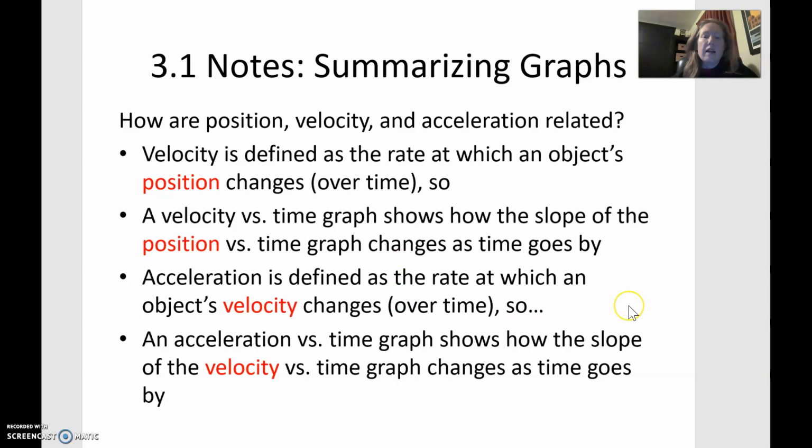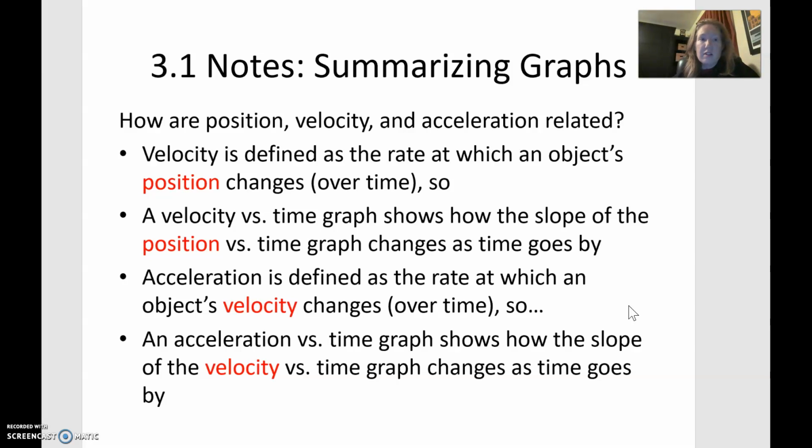Okay? And then when we talk about acceleration, we're doing that all over again. We're finding the slope of the velocity time graph because we want to know how fast this thing is changing velocity. So we're graphing the slope of the velocity time graph.